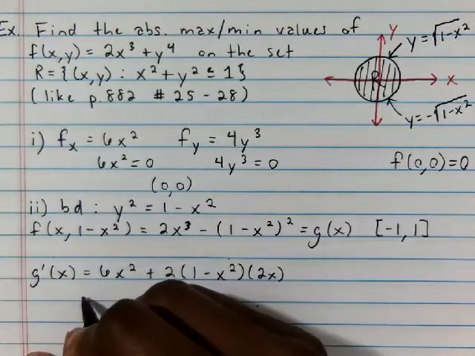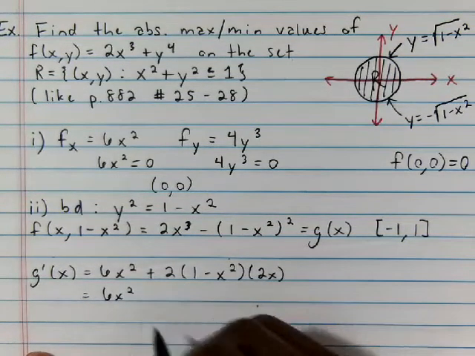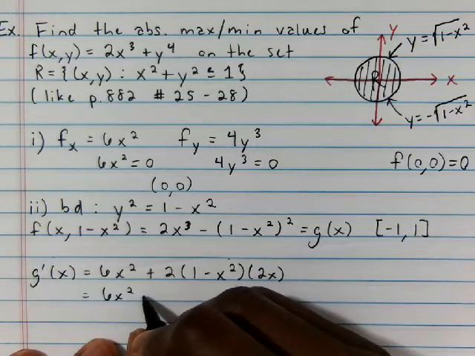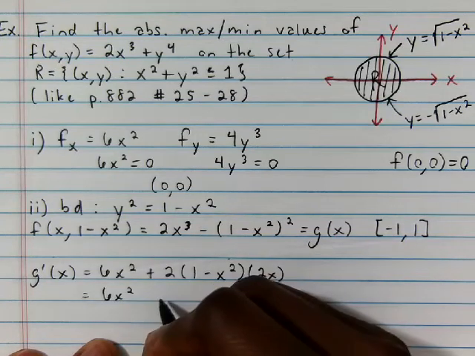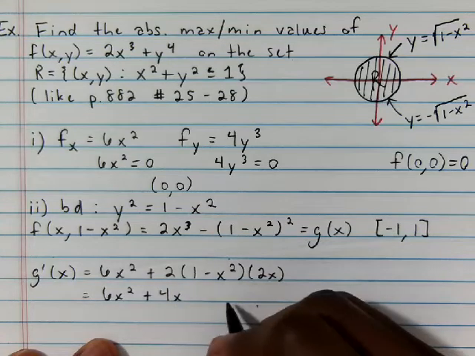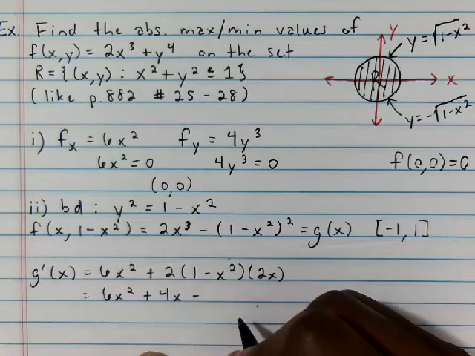So this is equal to 6x squared minus 4x. Oh, no, not minus, plus 4x. And then minus the 4x cubed, excuse me.